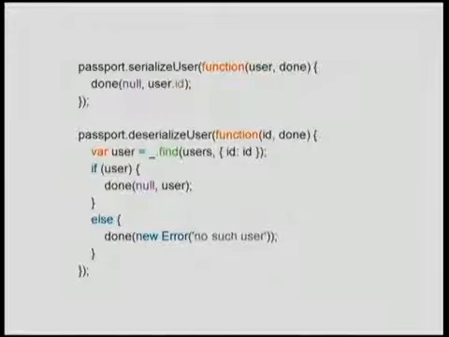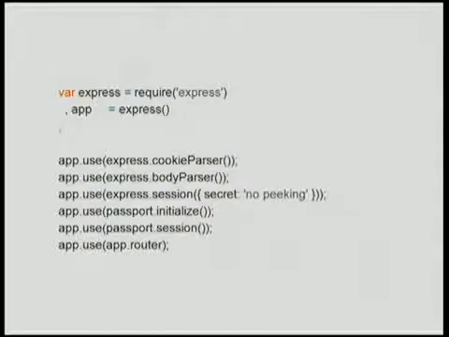So we just tell Passport how, given a user, to get its ID so it can put it into a session, and then in the deserialize, how to take an ID and use the fancy in-memory database to look up the user again. And now we have an authentication piece. We need an application to put it in. Passport will work in any application that supports Connect middleware, and it happens that Express supports Connect middleware, so let's use that.